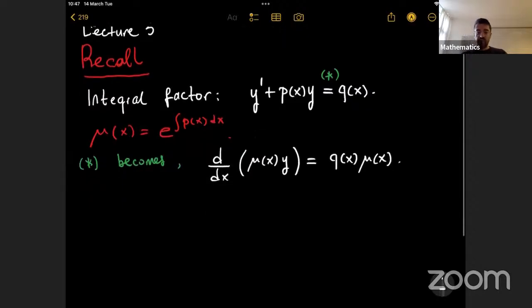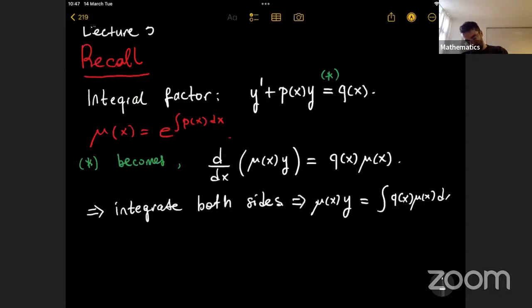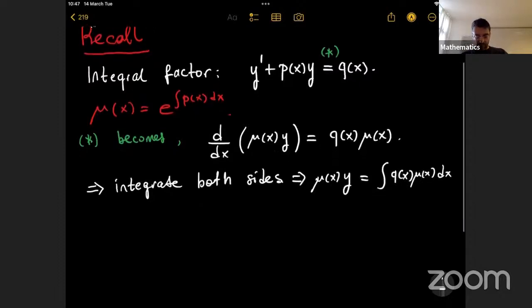By integrating both sides, we get mu(x) times y is equal to the integral of q(x) mu(x) dx, and we simply find y from here. That was what we did last time with a couple of examples.